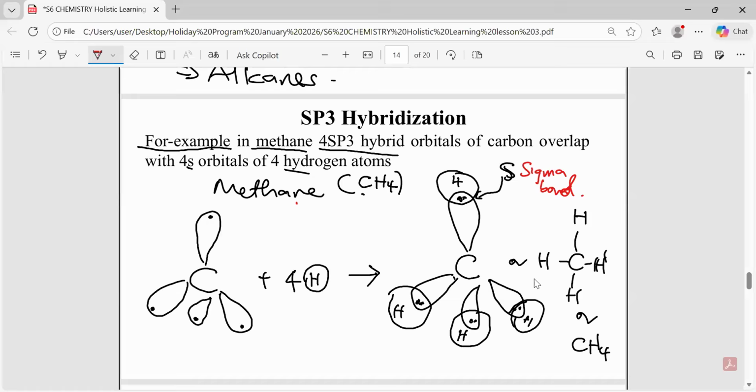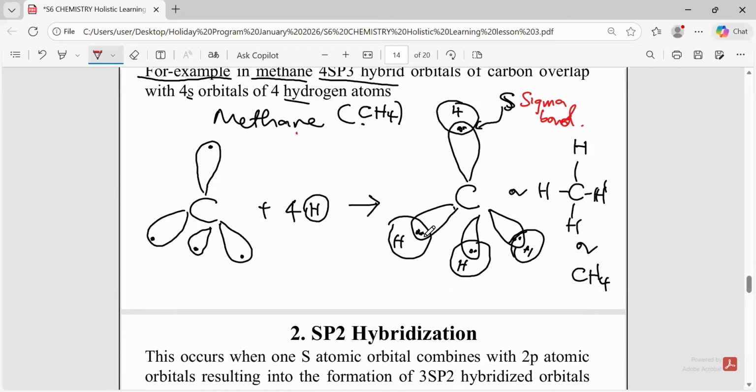So it is due to the head-on overlap between the s orbital and the one for carbon. So there is head-on overlap that is forming. And how many sigma bonds are we forming here? We are forming 4 sigma bonds. Good.